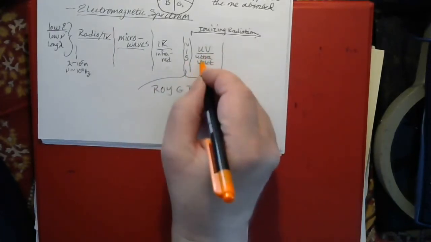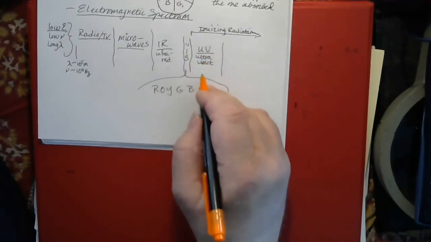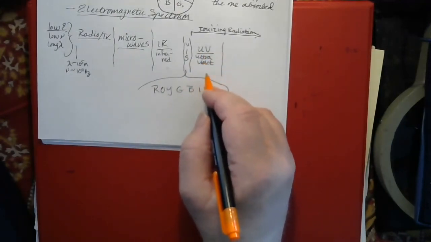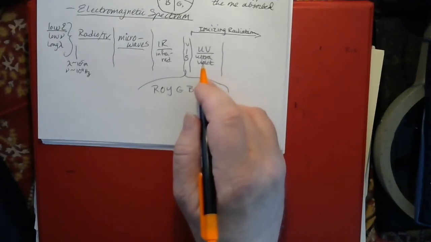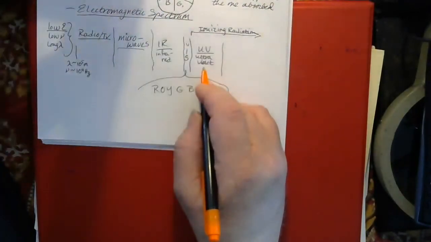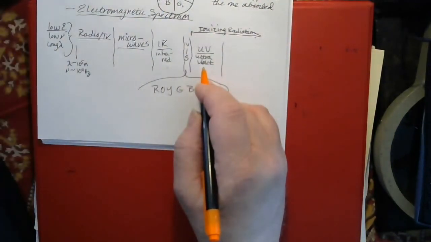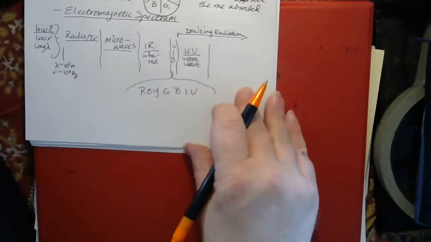Ultraviolet is ionizing radiation, but it is at the same time weak enough that it doesn't really penetrate the skin. So ultraviolet can cause damage, but it's usually limited to the surface of your body, like skin cancer or damage to your eyes, like cataracts, that kind of thing. But it doesn't usually do much harm internally.